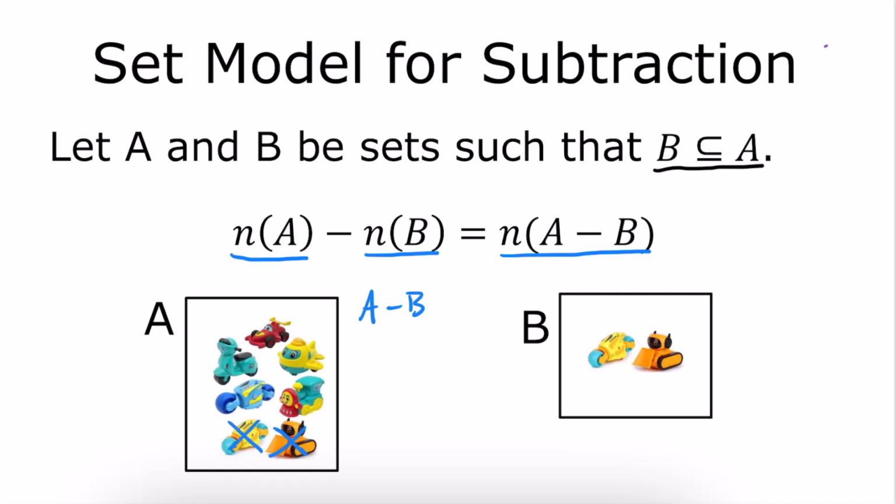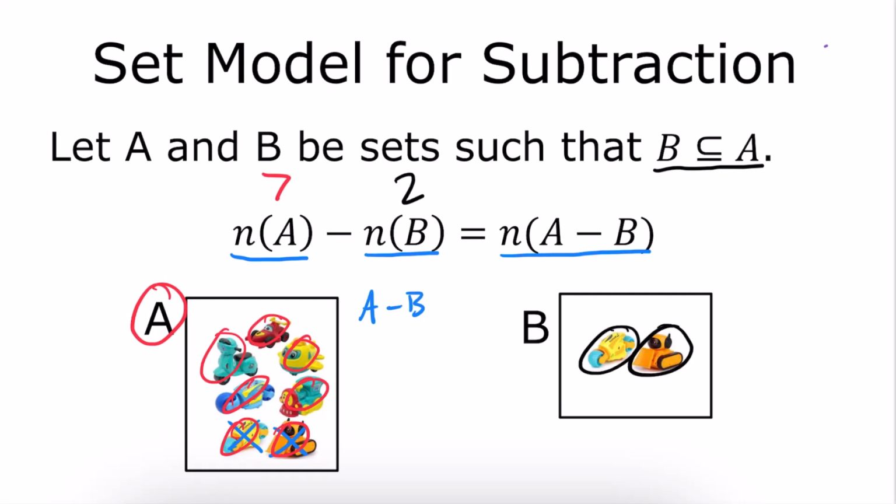So the set A without B would look just like set A, except it wouldn't include these two. And so if we look at this and we count out how many items are in each set, well, in the set A, there's 1, 2, 3, 4, 5, 6, 7 items. And then the number of items in set B is 2, because you have 2 items there.